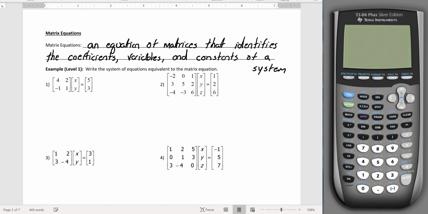With that being said, the first matrix tells us our coefficients, the second one tells us our variables, and the last one tells us our constants.